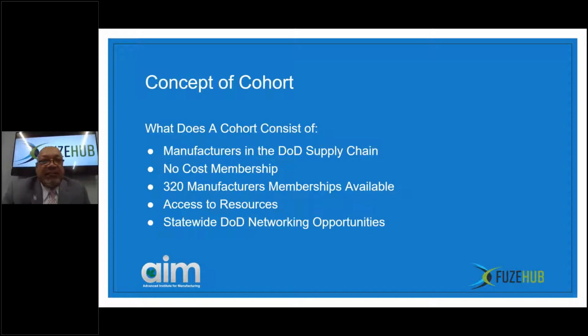The cohort concept will require us to get at least 320 manufacturers as members. These manufacturers will be part of the DoD supply chain. And what we mean by that is if you're a manufacturer and you make something for someone that makes something, for someone who makes something that makes something for the DoD, then you are part of the DoD supply chain and therefore eligible to become a member of this cohort.